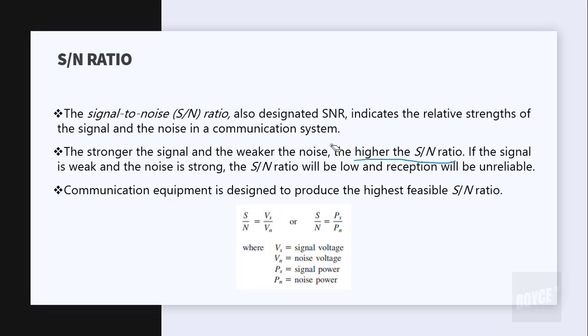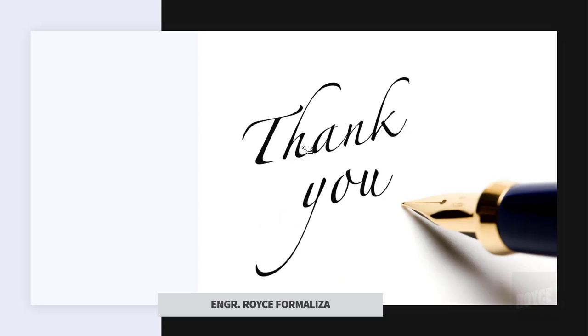If our signal to noise ratio is low, therefore, hindi maganda yung reception natin. Unreliable yung communication system natin. Okay, so that is signal to noise ratio. Okay, so hindi mawawala yan sa system yung noise natin. What we do is we try to minimize the noise as much as possible. Okay, so that is our communication receiver.